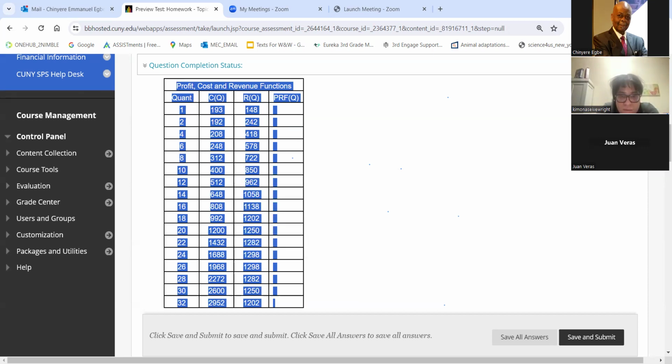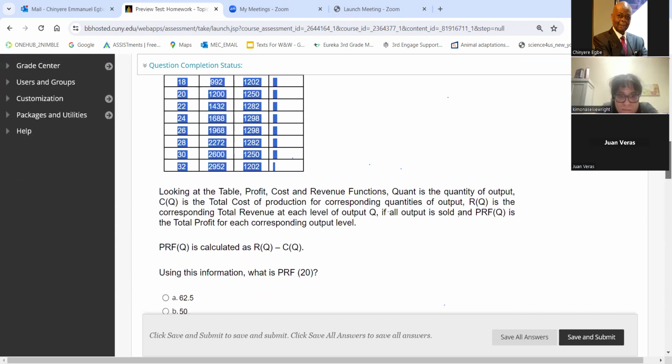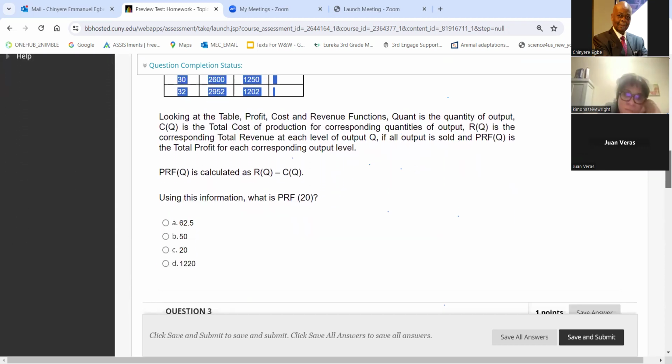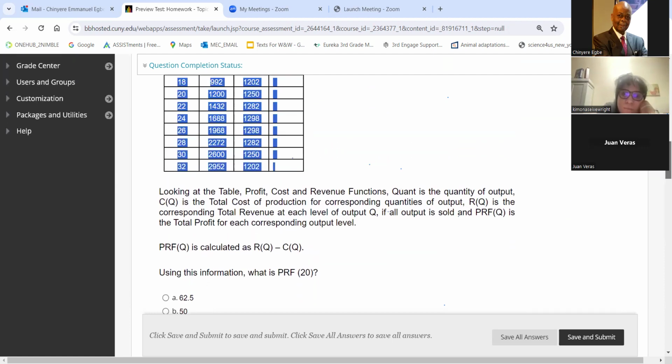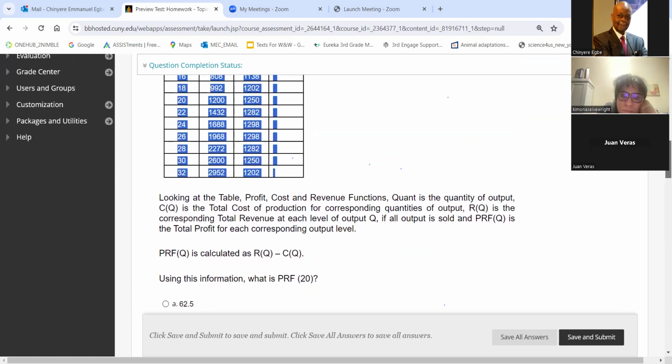So to make it easy for yourself, this is where the Excel practice comes in. Your profit is 50. I'm going to stop sharing this. I will pull up an Excel file. I just copied it. I'm going to share my Excel screen.